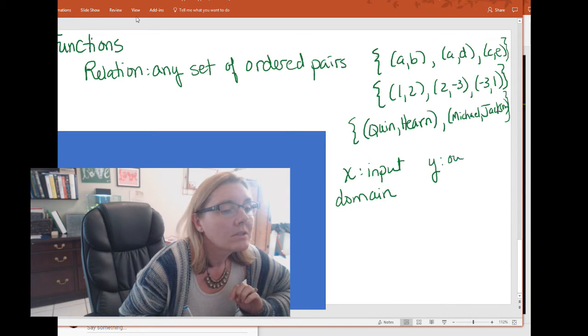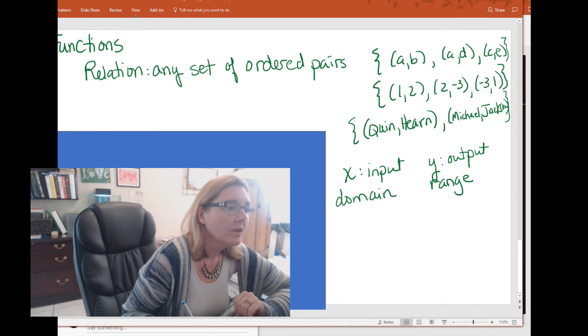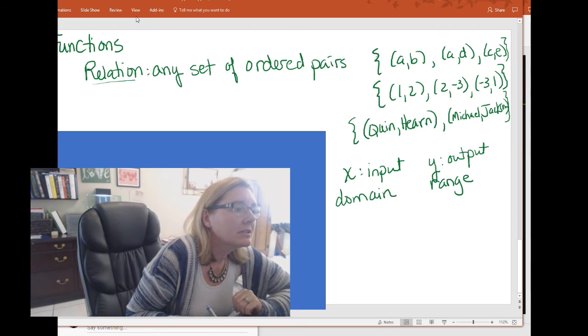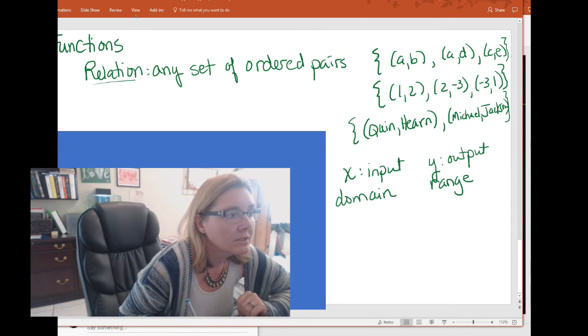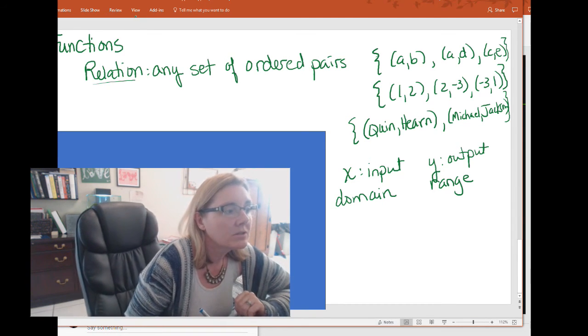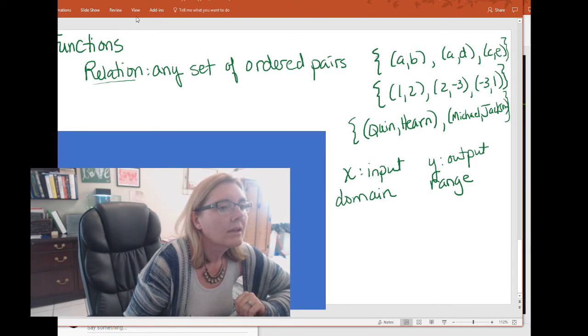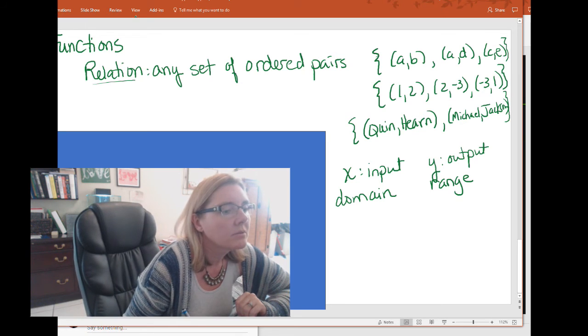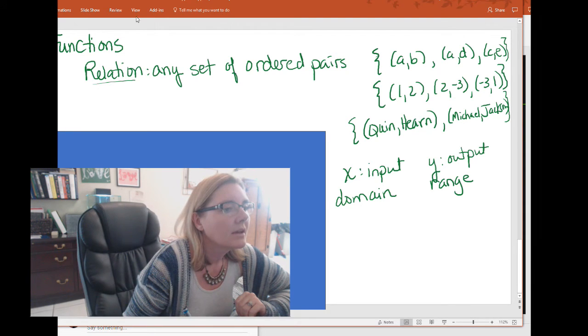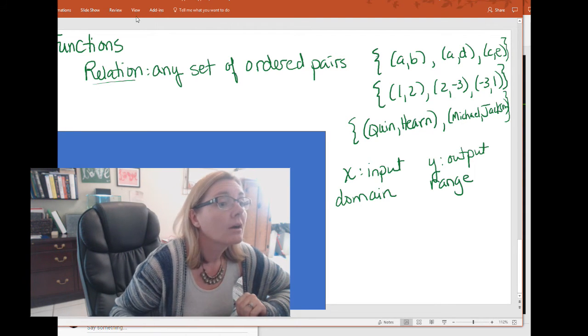The Y is always the output. The set of all the Y's is called the range. Okay, so that's a relation. Now the reason I'm telling you about a relation is because a function is a special kind of relation. So we're going to analyze these three sets and we're going to see if they are functions or not.